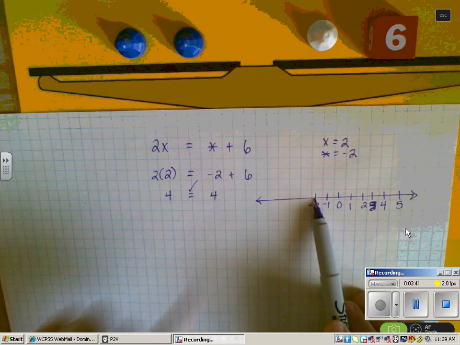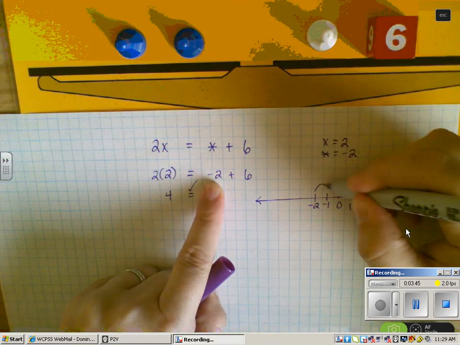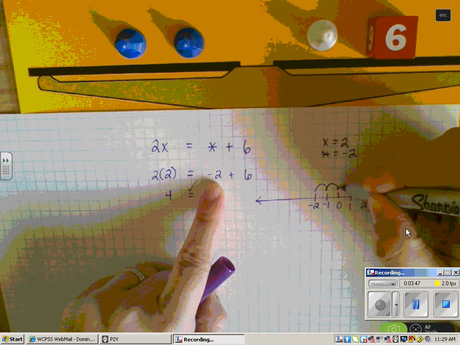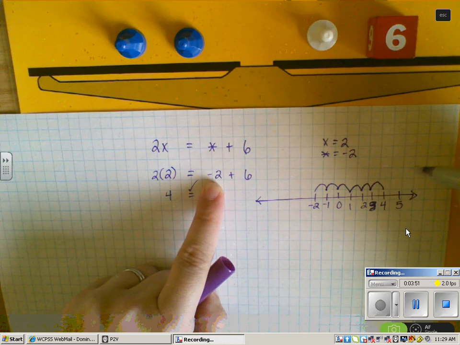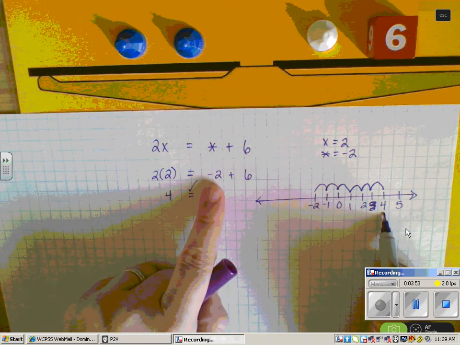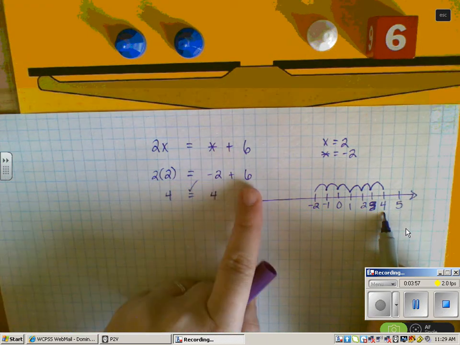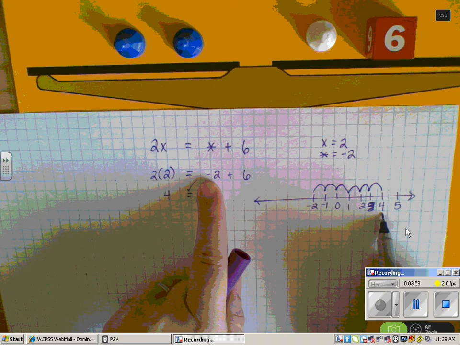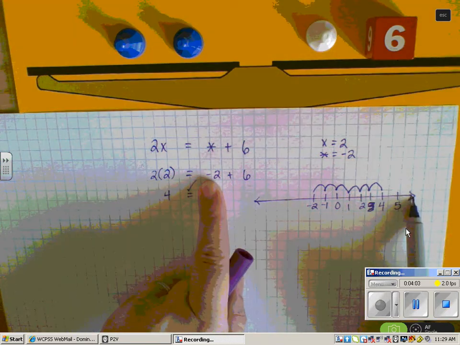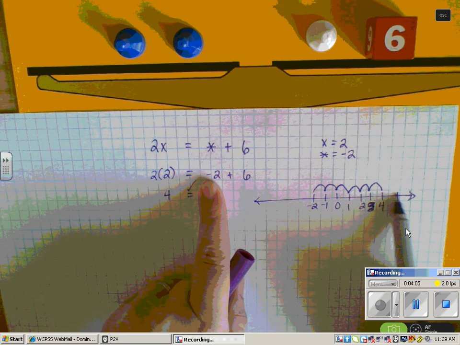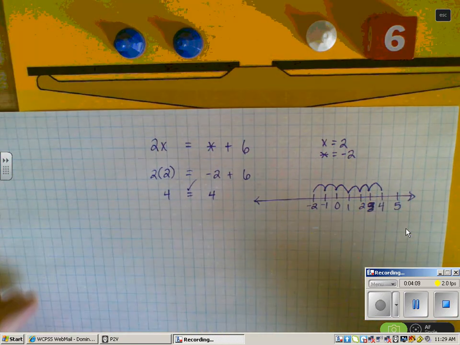So if we start at negative 2 and we add 6, 1, 2, 3, 4, 5, 6, you get 4. Or if it helps you to think about it in reverse, 6 plus a negative 2, starting at 6 and adding a negative 2, 1, 2, would land you at 4 as well. And yes, 4 equals 4.